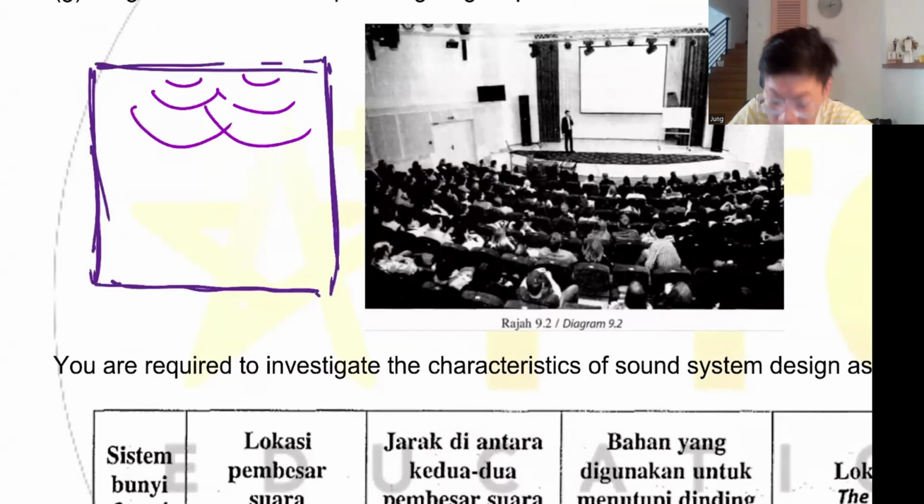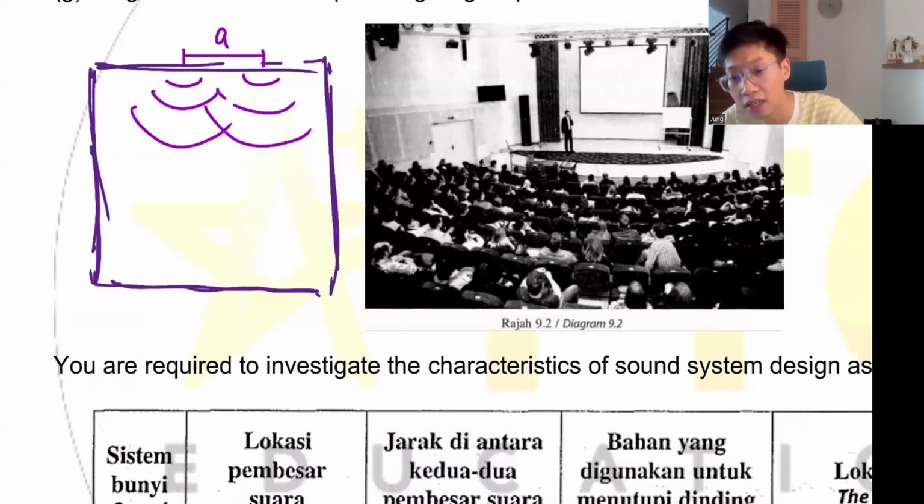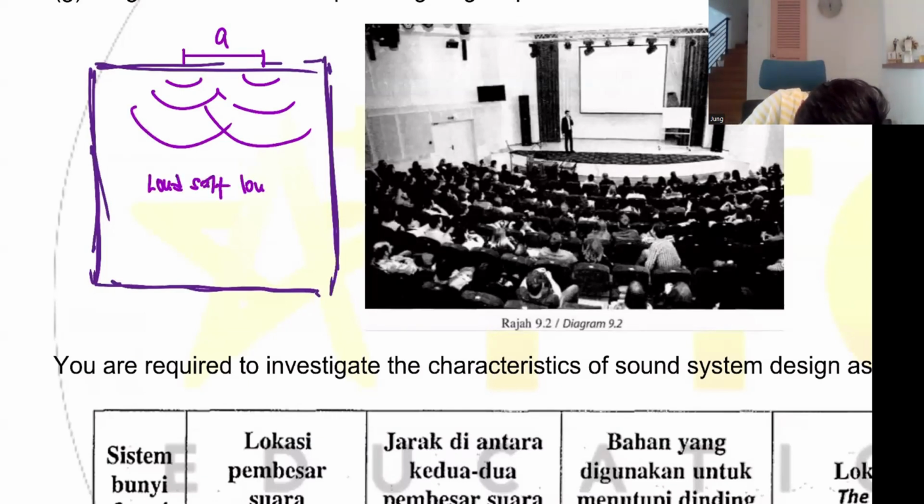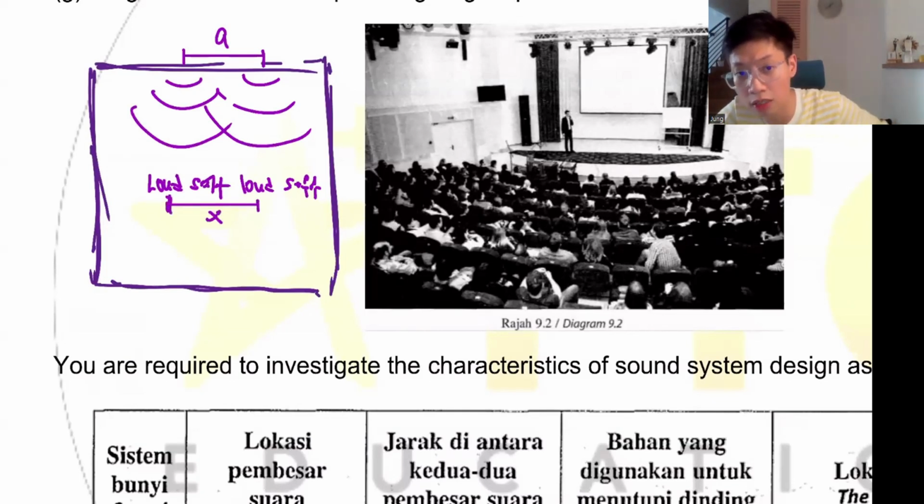So these are the two speakers. The distance between these two speakers is a. The further, the better. Why? Because what we want here is the loud sound and the soft sound, the constructive and the destructive. You want your x value, the loud to loud. Do you want your x value to be larger or smaller? You want your x value to be further or nearer?